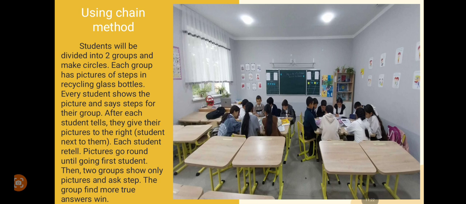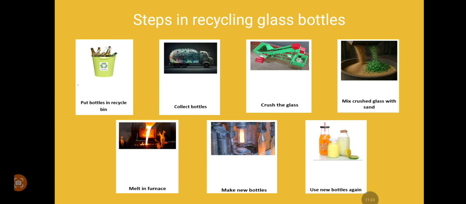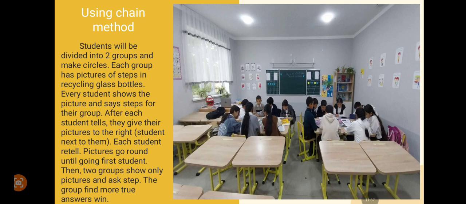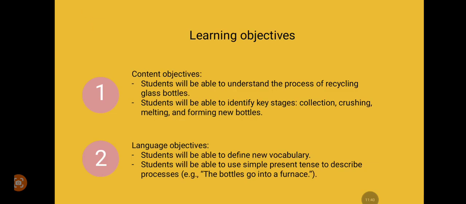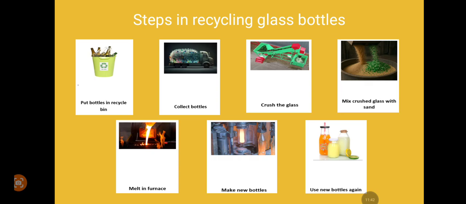Every student takes one. For example, the first student takes the first picture, put bottles in the recycle bin. He or she says this and shows the picture. The next student tells the next step, and the third student tells the next step.